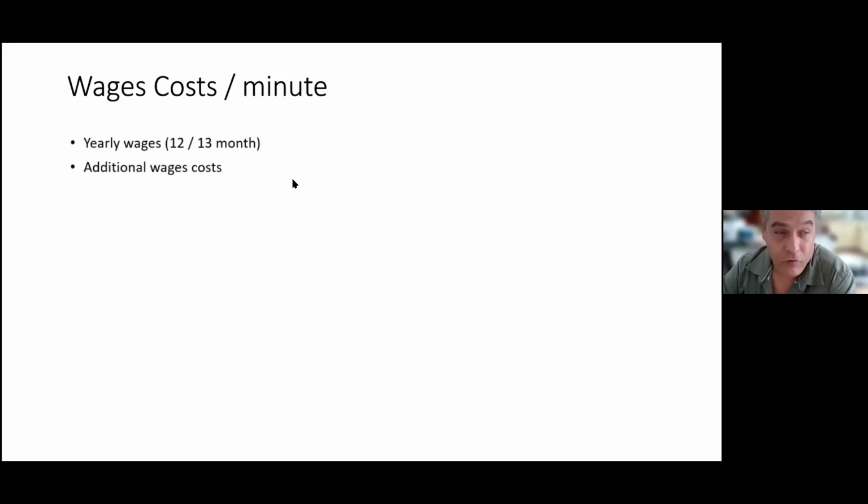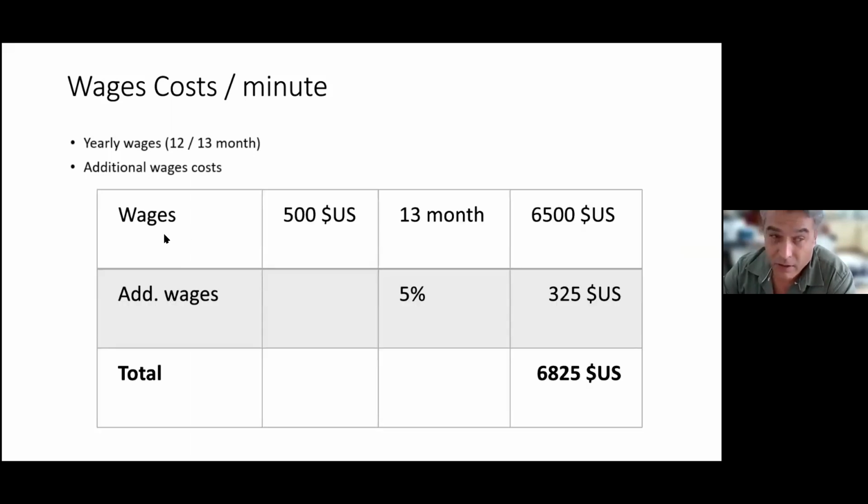So how can we find out how much wages cost when it's so important? You have to know what it's based on. You take your yearly wages, maybe you have 12 months salary or 13, and you have additional costs. I asked Dr. Olubolum, how is the salary in Nigeria? And he said, you start at $300, and you just make it easy. Maybe you are more skilled, you have maybe $500, it's easier to count also.